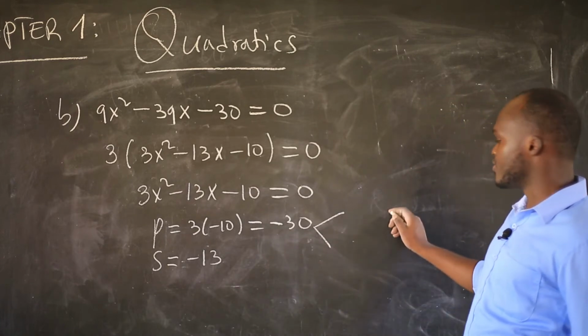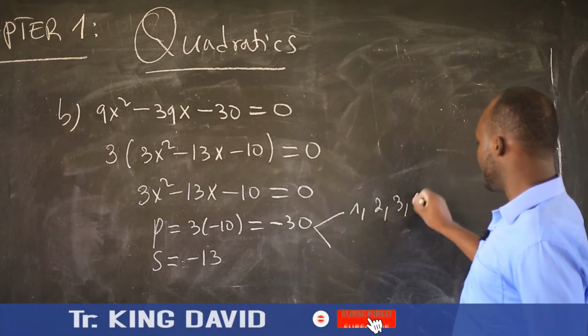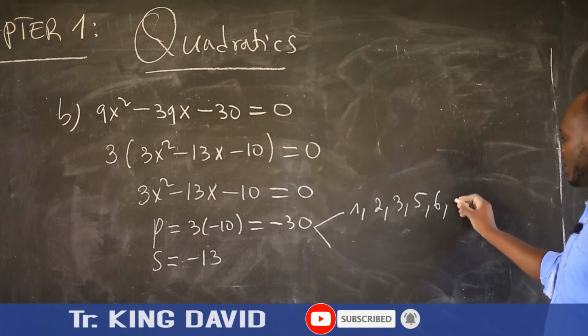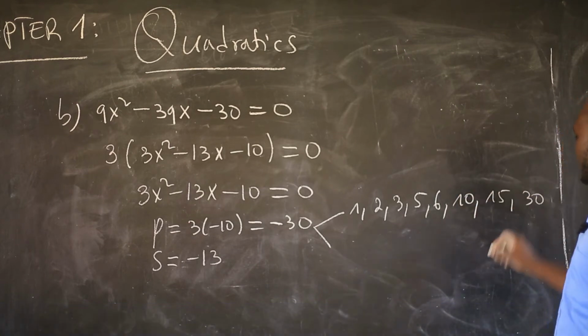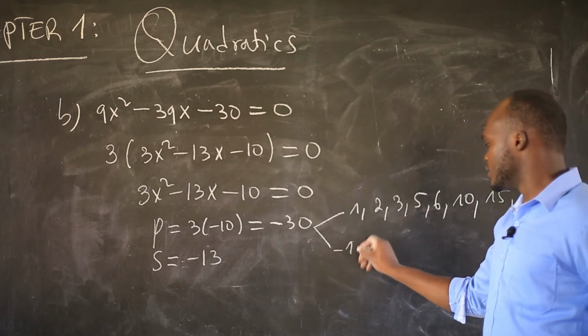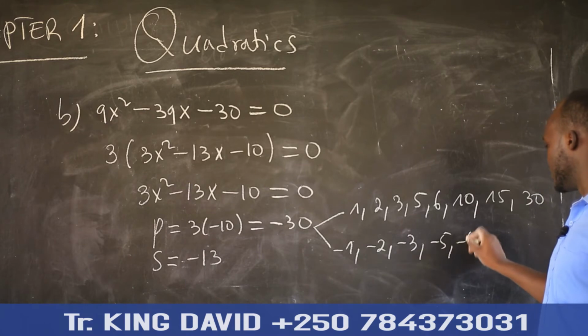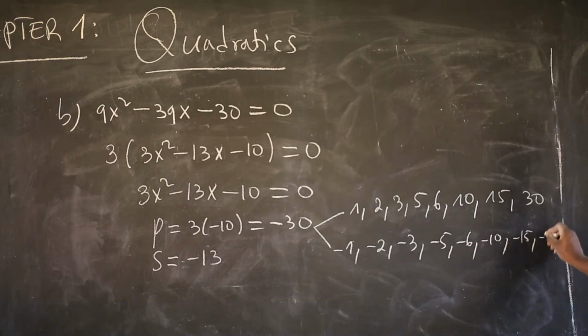So what are the factors of 30? We have 1, 2, 3, 5, 6, 10, 15, and 30. So we have negative 1, negative 2, negative 3, negative 5, negative 6, negative 10, negative 15, and negative 30.